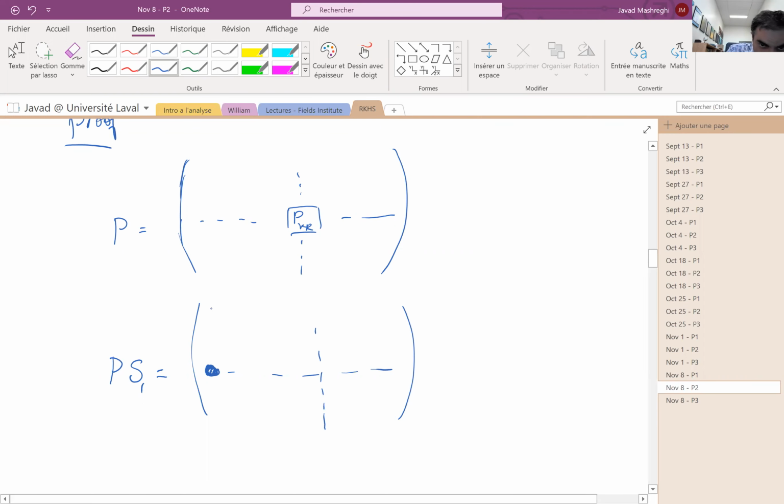Of course, which one do I choose? C1, PKK. The I one, sorry. Not necessarily on this one. So here is PKK.